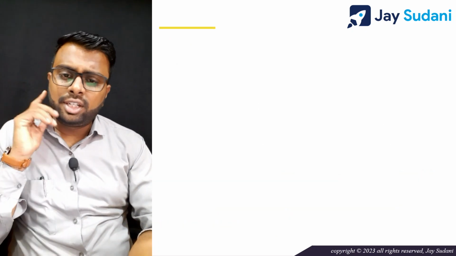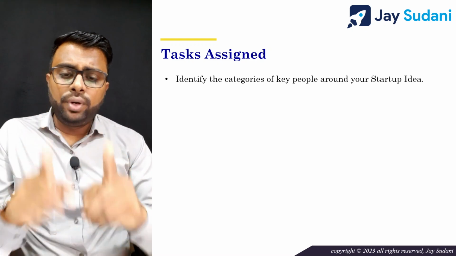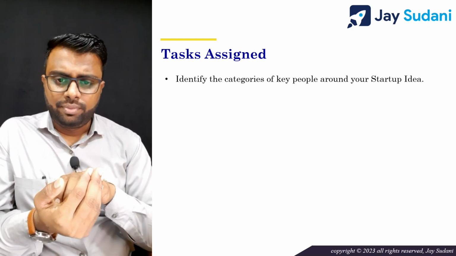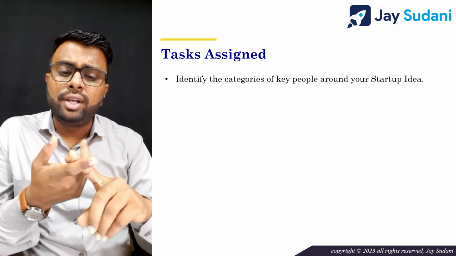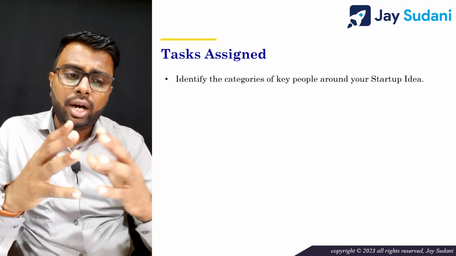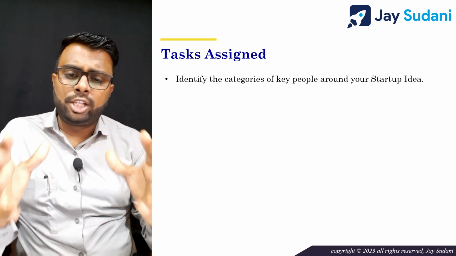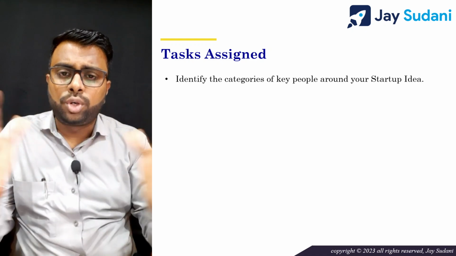So what are the tasks assigned to you? The first task for you is, in whatever idea you have chosen, you will have a set of people. So you will identify the categories of key people around your startup idea, which means, let's say you are working in the educational technology sector, the edtech sector. Your idea is improving school education, for example.